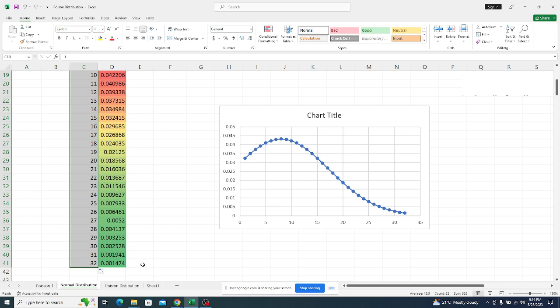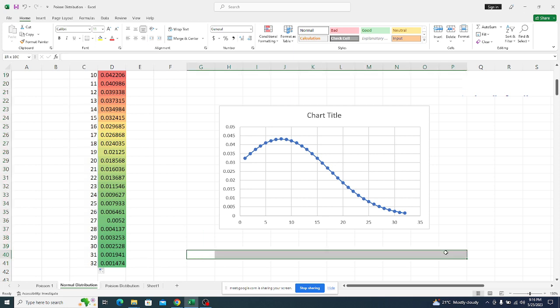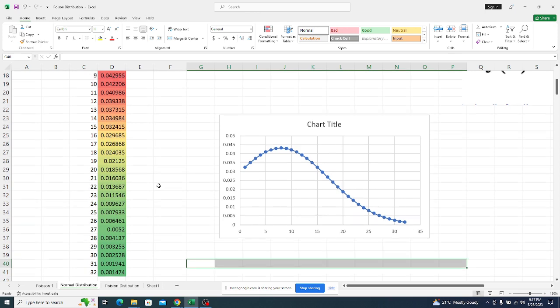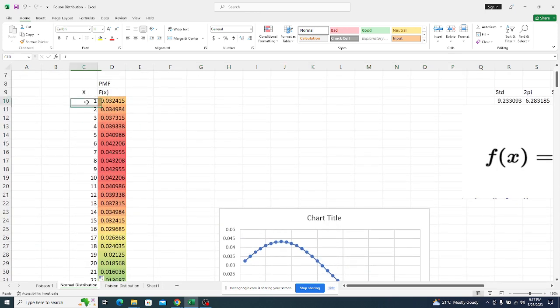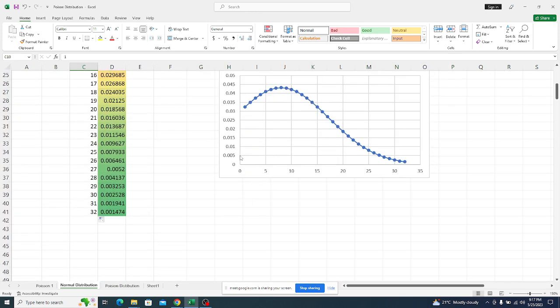Remember us talking about the right skewness and the left skewness. Whenever your data is moving more to the positive from the first value, then your data will be skewed to the right.